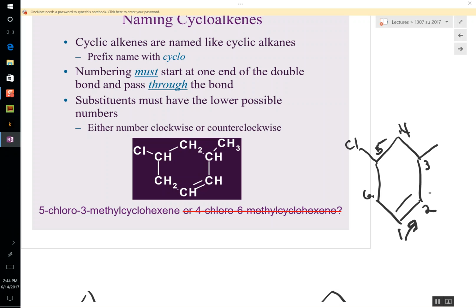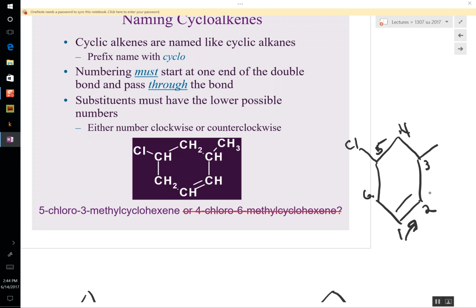I have a question. I know you said you have to pass through, but I thought with the naming rules, when it comes to a substituent, I thought you have to name the chlorine first. Well, I think what's going to take precedence is getting the lowest numbers for all the substituents on it.